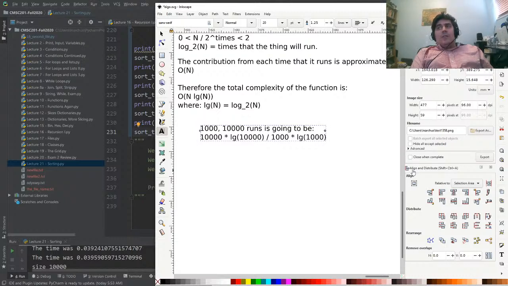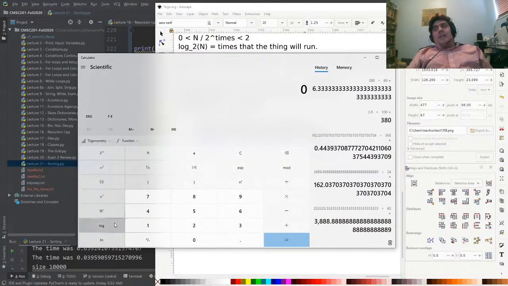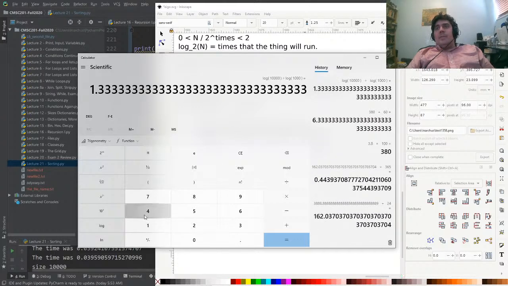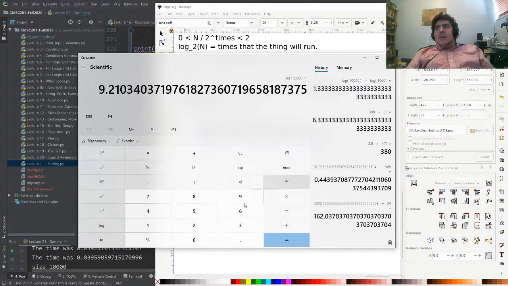So now we just have to ask ourselves, well, what are the logs of all these things? As it turns out, 10,000 divided by 1,000 is 10. The log of 10,000, I guess we can just do it with natural logs. It's about the same. Actually, it's going to be exactly the same. That's the secret, because of the log base change formula. Divided by the log of 1,000.